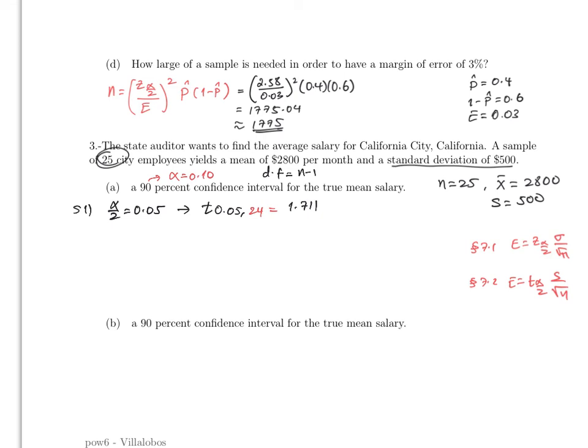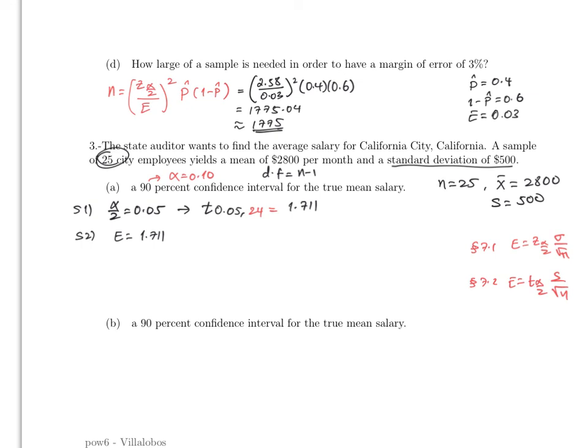All right, so after this it is identical to 7.1. Step 2, the margin of error is going to be now 1.711, so technically this will replace 1.64. This value will be different every time depending on what degrees of freedom you have.